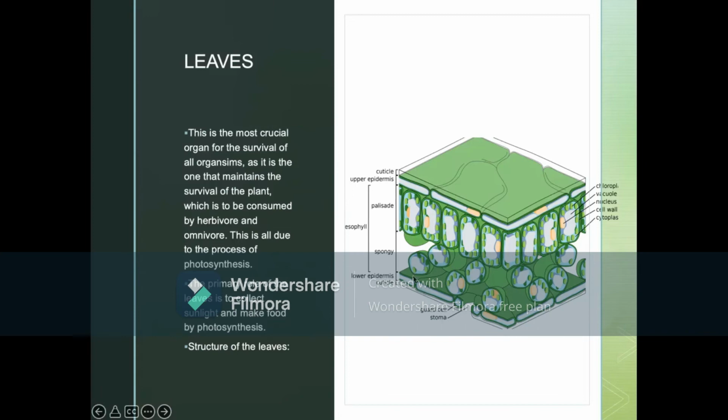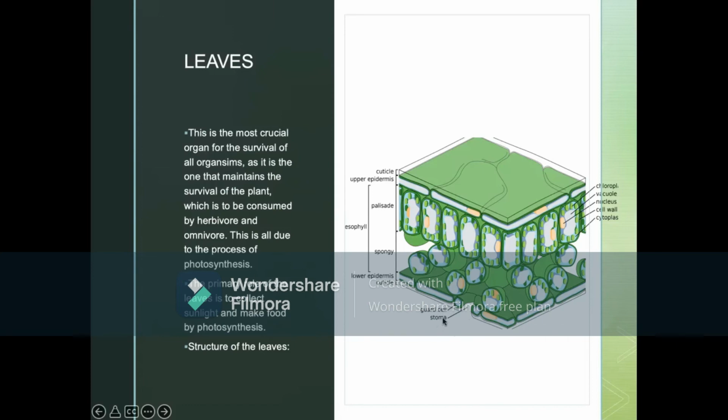And then you have the lower epidermis, and lastly, the cuticle. Notice that a very important structure responsible for the process of photosynthesis in the lower epidermis is called the guard cell. A guard cell is basically a pair of cells that can open and close in order to allow air, and specifically CO2, in and O2, oxygen, out.